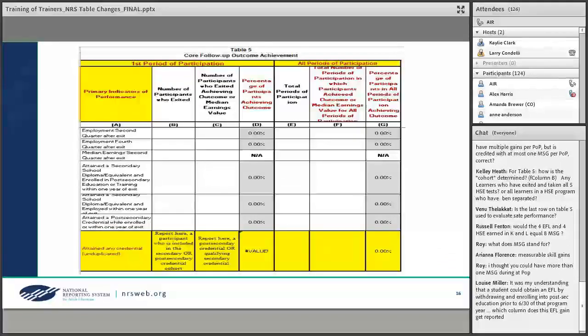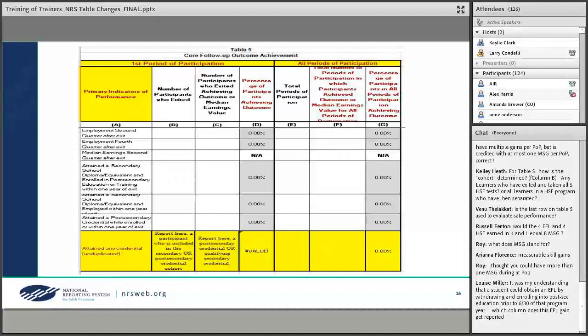Why column B? Who's in column B? And of course, these are not cohorts anymore. They're not anyone who took the GED test. Kelly's question is, how is cohort determined? Any learners who have exited and taken all 5 tests? No, who goes in that cohort are any individuals who were in a secondary education program who did not already have a high school equivalency when they entered.